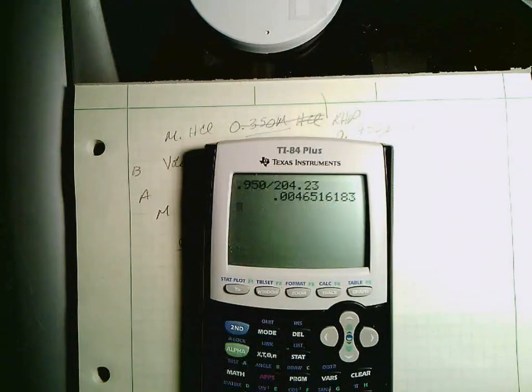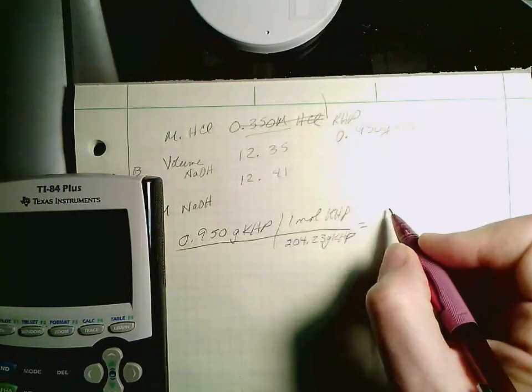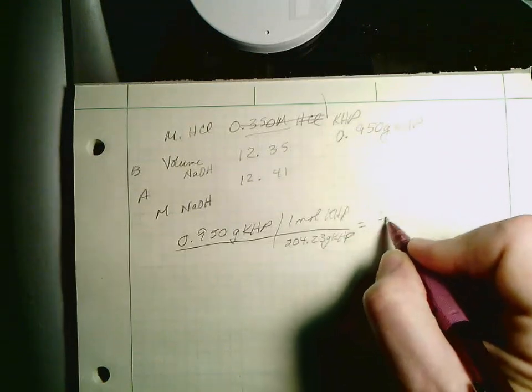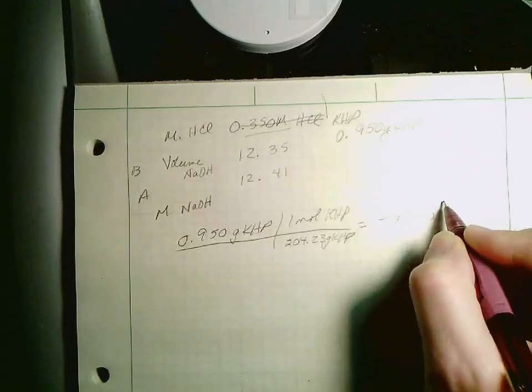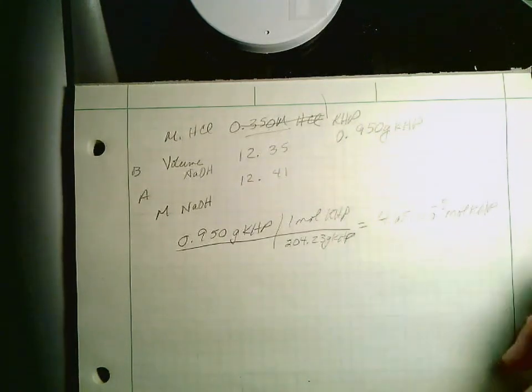It's 4.651 times 10 to the negative third moles of KHP.